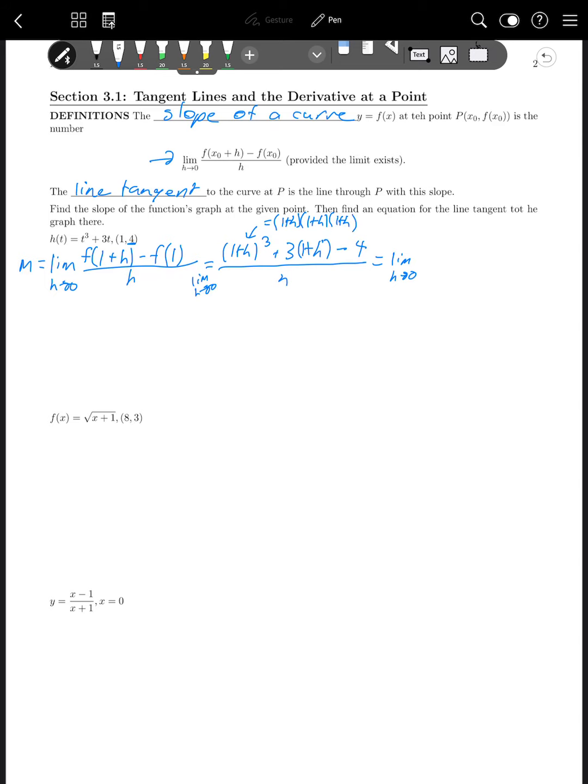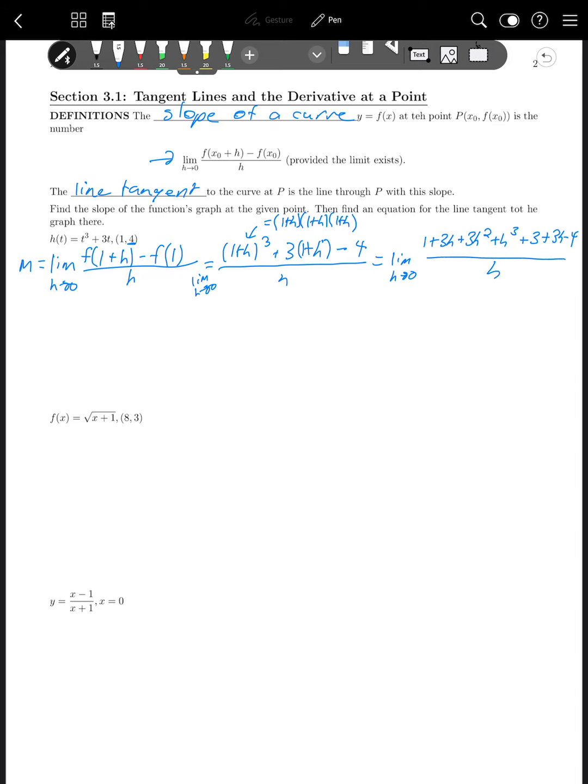So when we multiply that all out, we get 1 plus 3h plus 3h squared plus h cubed. Then we can distribute, so plus 3 plus 3h minus 4 all over h.